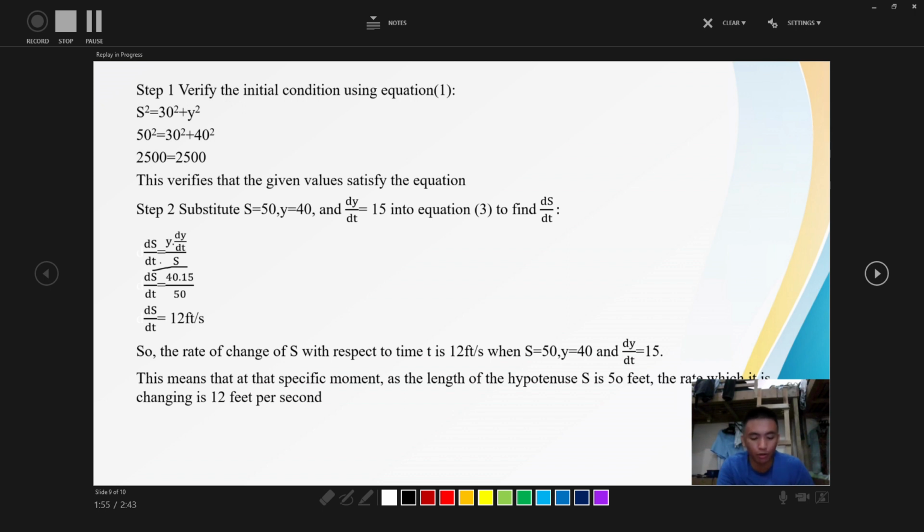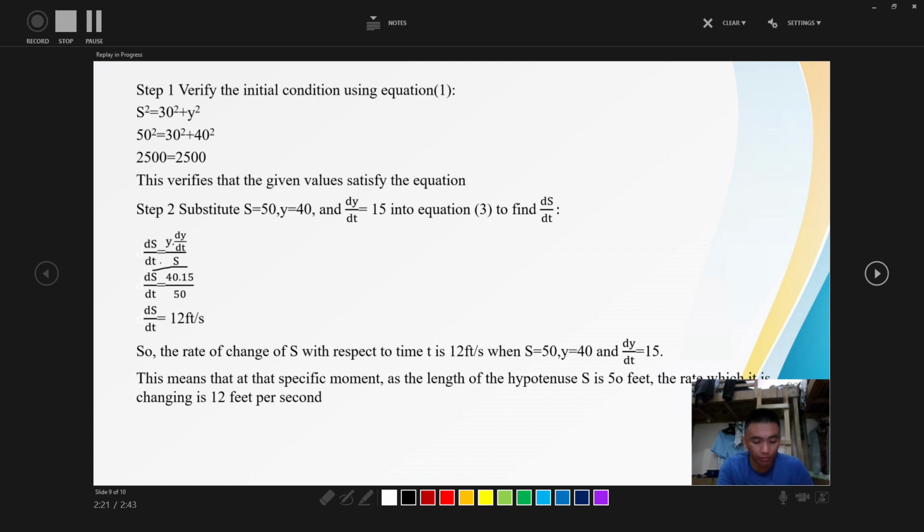This equation is often derived by applying the Pythagorean theorem and then differentiating both sides with respect to time. In this specific scenario, when s is equal to 50, y is 40 and dy/dt is equal to 15, the rate of change of the hypotenuse s with respect to time t is 12 ft/s.